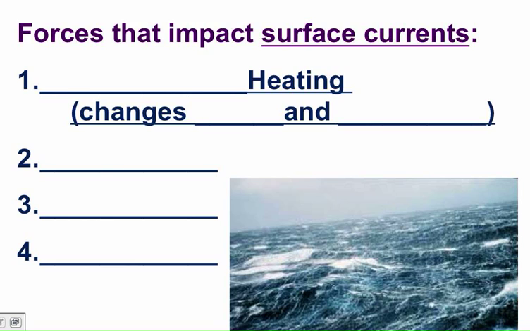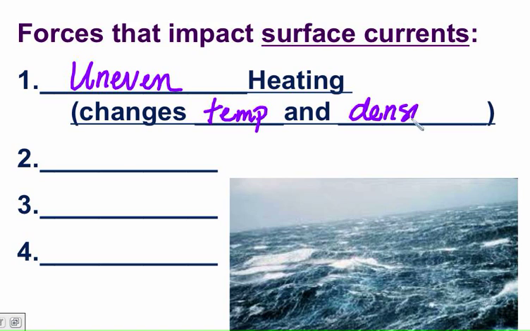Starting with surface currents, let's talk about things that would impact a surface current and cause water to move in a regular pattern across the earth. We've already talked about this one a little bit. We've talked about the seasonal or the uneven heating. Right? Uneven heating changes both the temperature of water in different areas, and as we found out now, the temperature does impact the density.